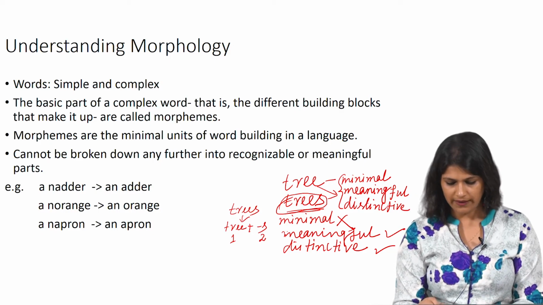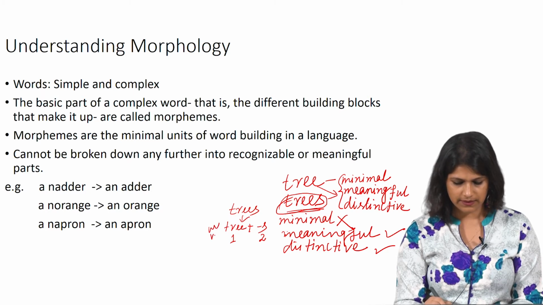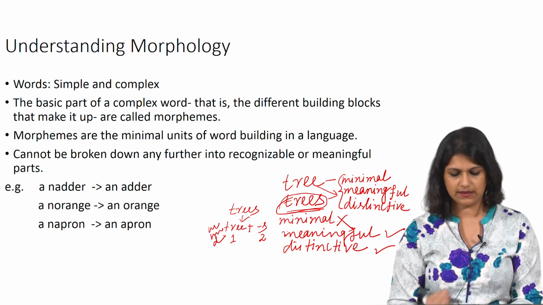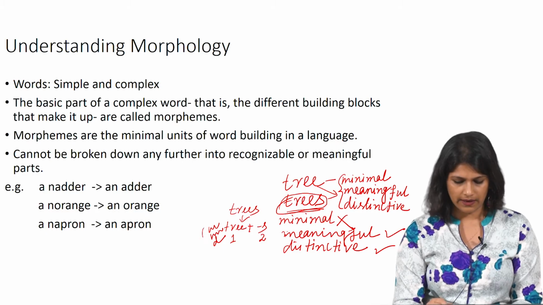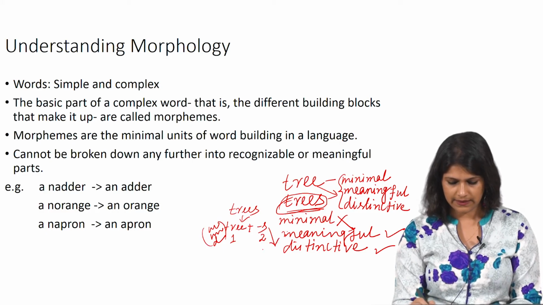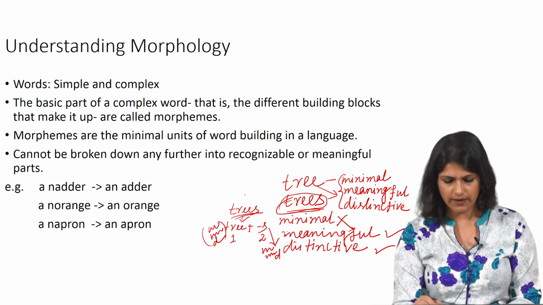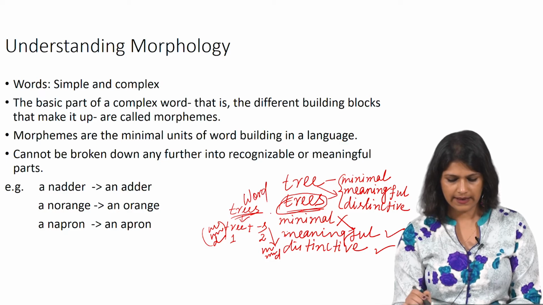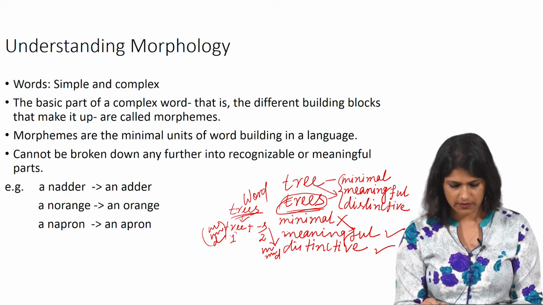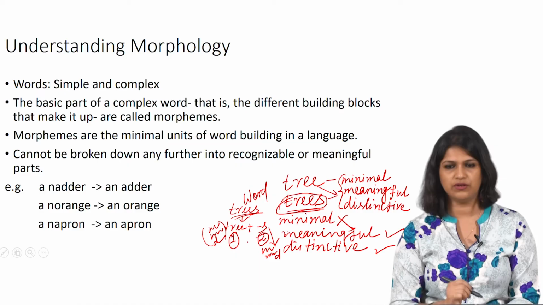So, morpheme 1, why would I call it a morpheme? Because it is minimal, it is meaningful, it is distinctive too, right. And when it is S, it is also minimal, meaningful, and distinctive too. So, trees as a word has two morphemes, morpheme number 1 and morpheme number 2.